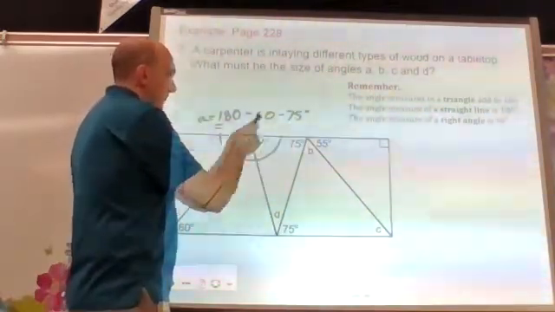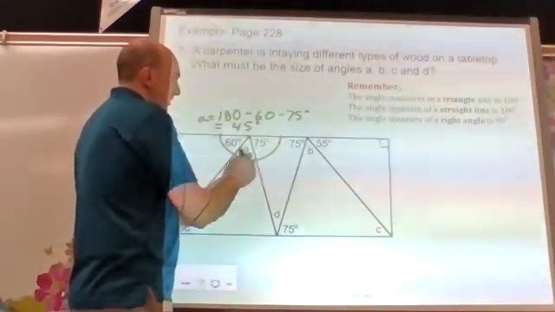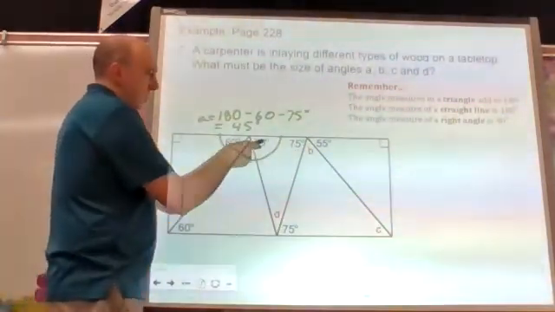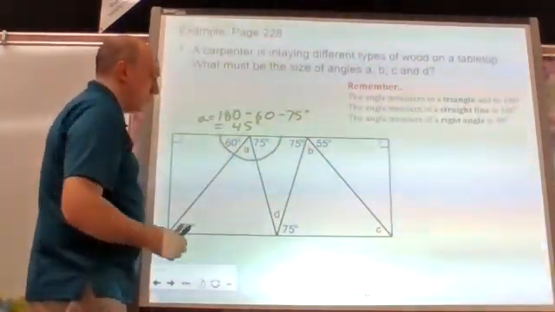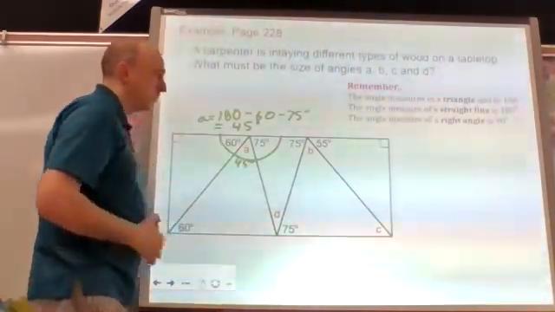So that's 135. This is going to be 45 degrees. A has to be 45 degrees, so that 60 plus 45 plus 75 equals 180. Cool, so we got A.